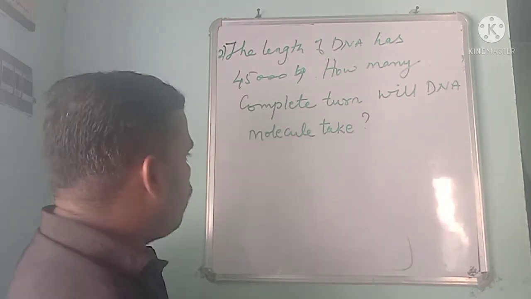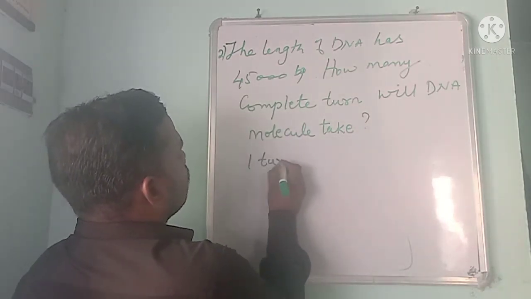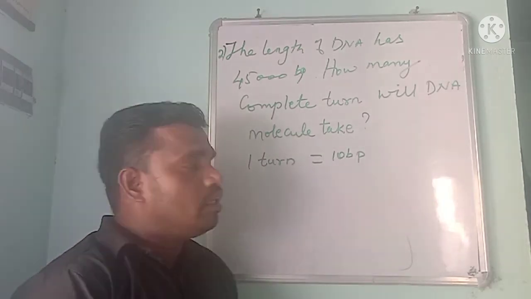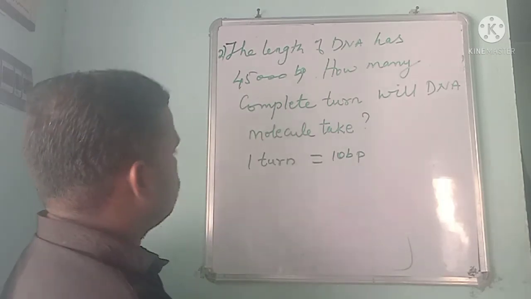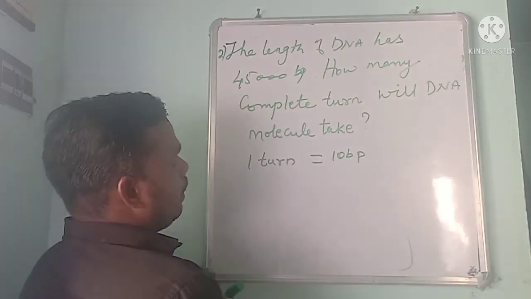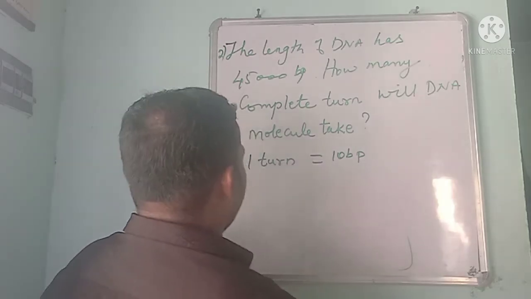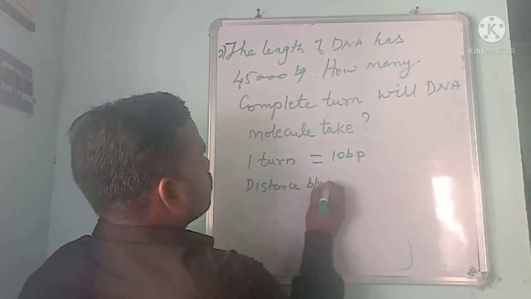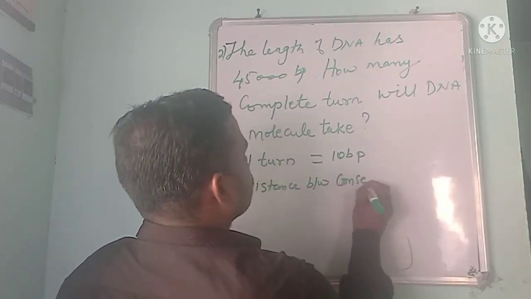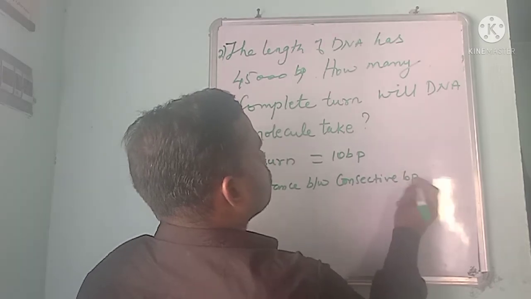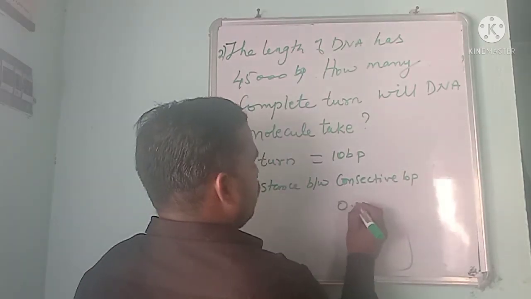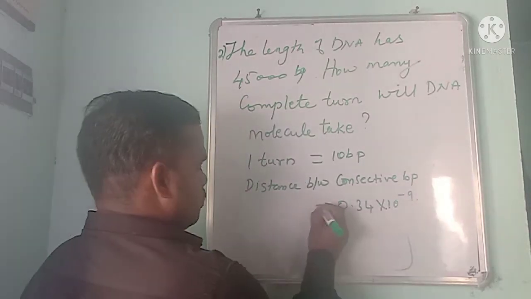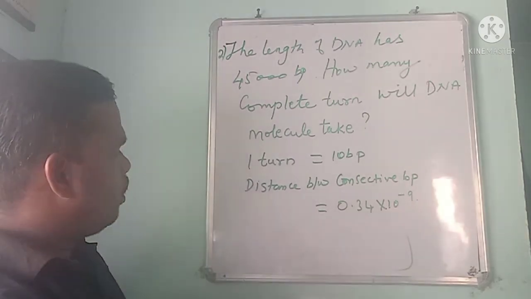We already know one turn contains 10 base pairs. Am I right? Clear? The distance between two consecutive base pairs is 0.34 × 10^-9, but that's not required now.